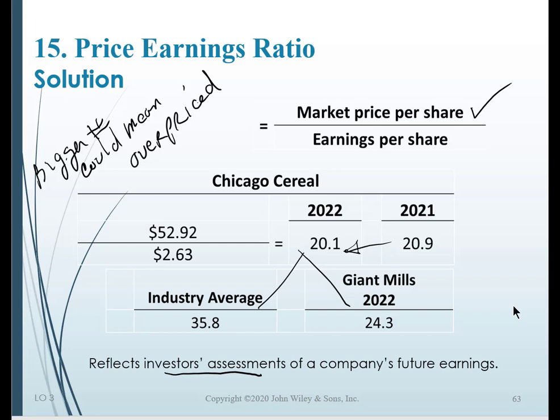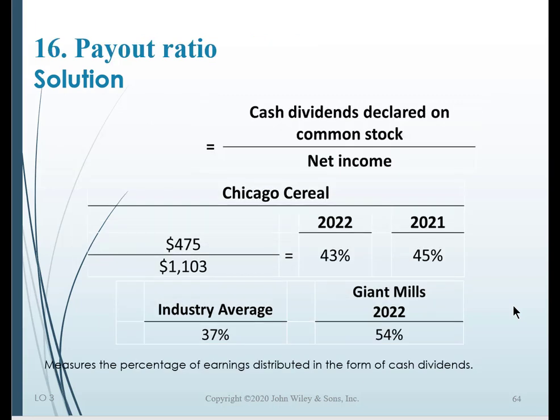Doesn't mean for sure, but it could mean that. So when investors are looking for stocks, they frequently don't look for high PE stocks. They look for low PE stocks because that means investors are probably being a little bit more conservative about the actual value of the company.